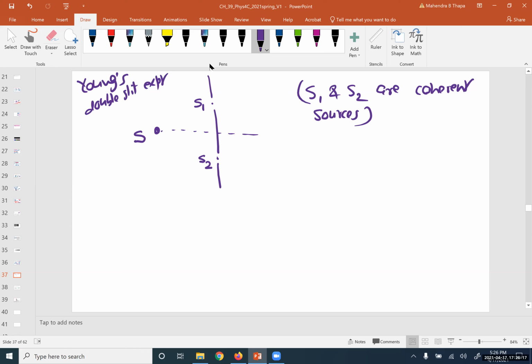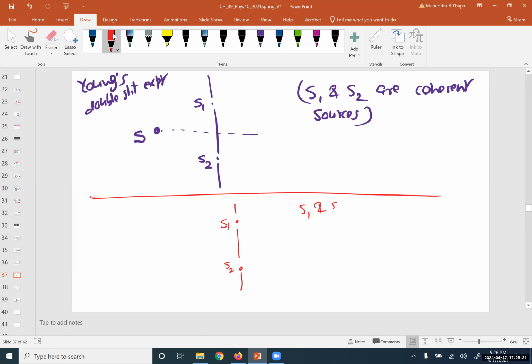But instead of that, if you take two independent sources, S1 and S2 are independent sources, then in that scenario, S1 and S2 are not coherent.